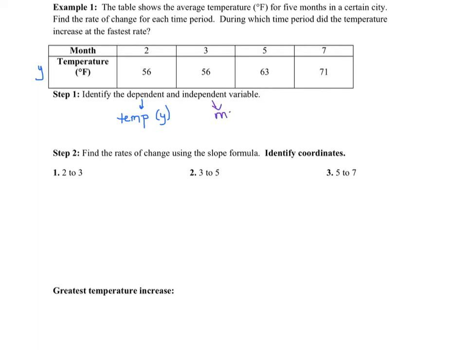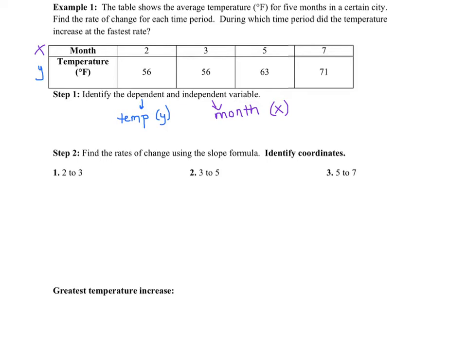Whatever month it is is going to affect our temperature. Therefore, the month is our x value and the temperature is our y. Again, the month is independent because whatever month it is affects the temperature. The temperature depends on the month. So now let's go to step 2.